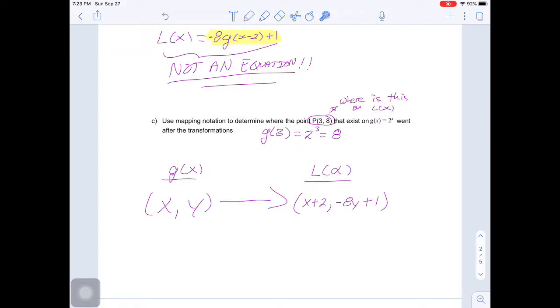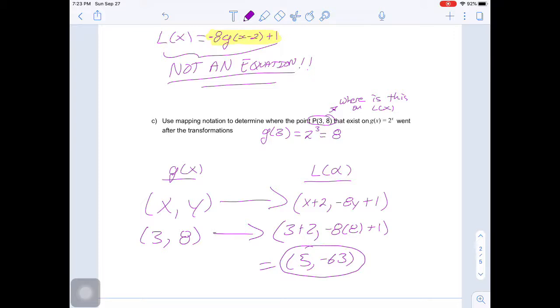Now, this point was on g of x, (3, 8). To figure out where it ended up on L of x, we have this tool now. We can do 3 plus 2, negative 8 times 8 plus 1. 3 plus 2 gives me 5. Negative 8 times 8 gives me negative 64. Plus 1 gives me negative 63.